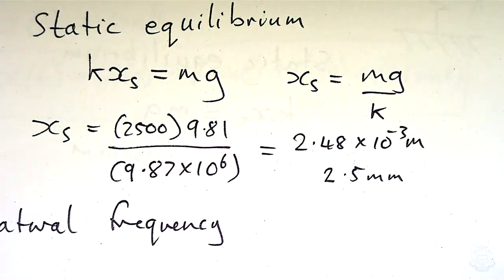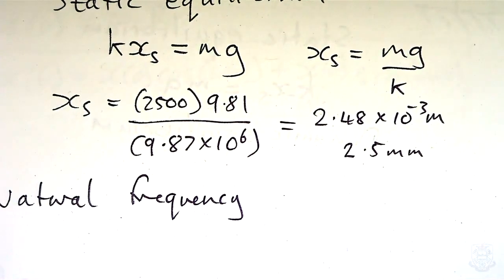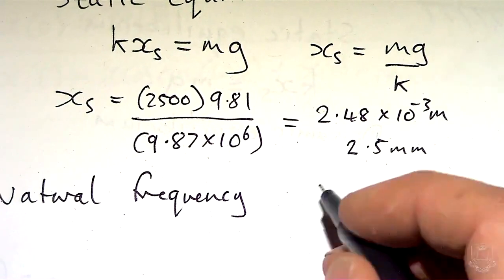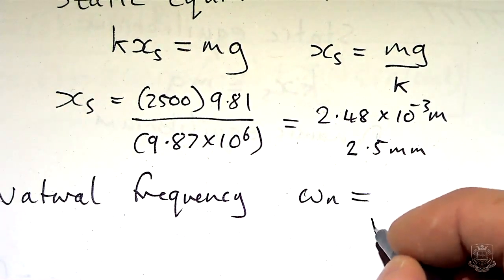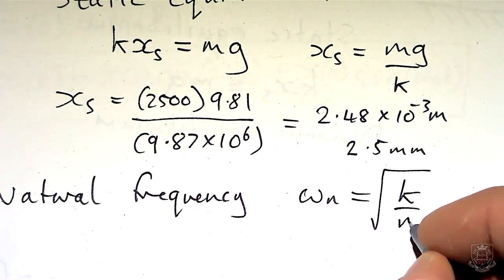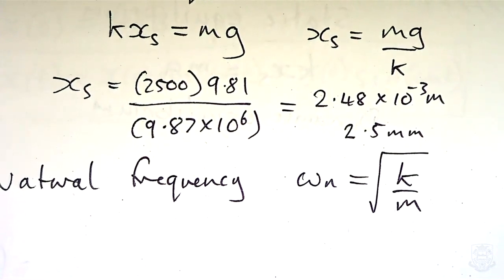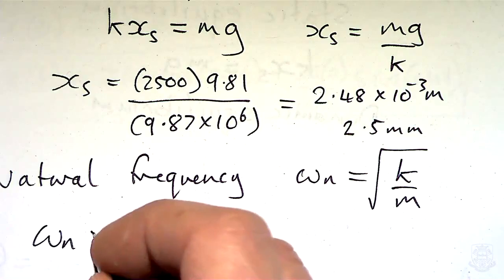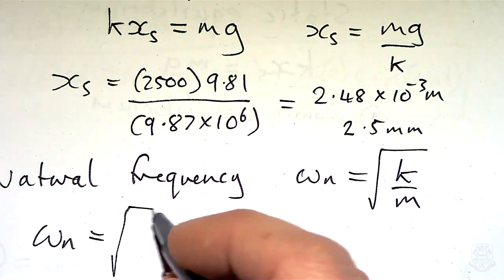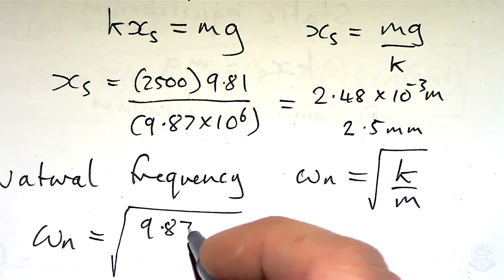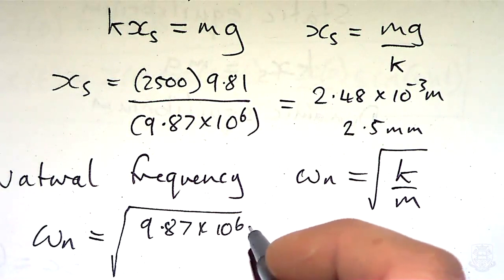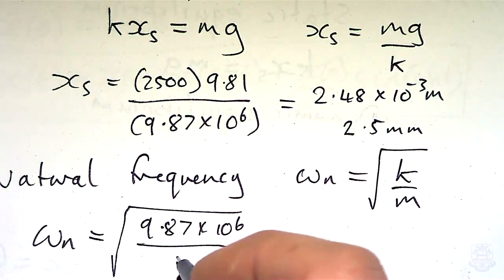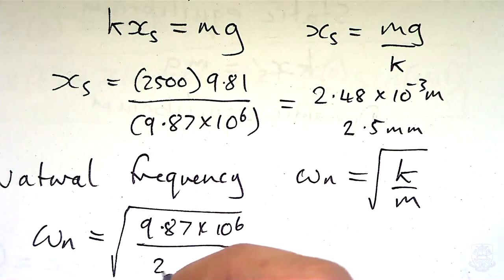Okay, and we've just defined that to be omega n, which is equal to the square root of k over m. So that's what we said it was. So here we'll write omega n is equal to the square root of 9.87 times 10 to the 6 over 2,500.